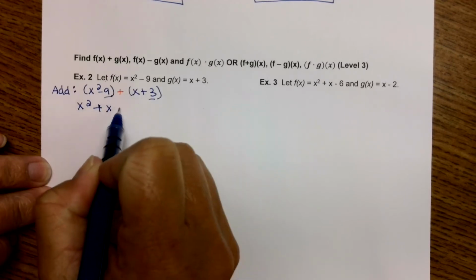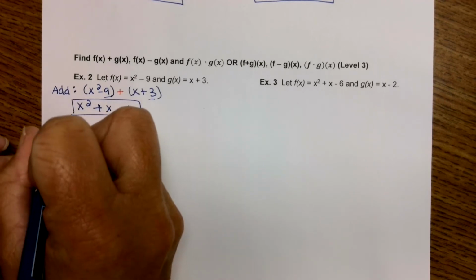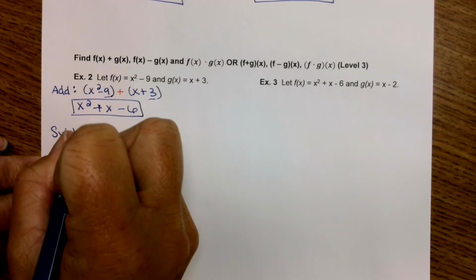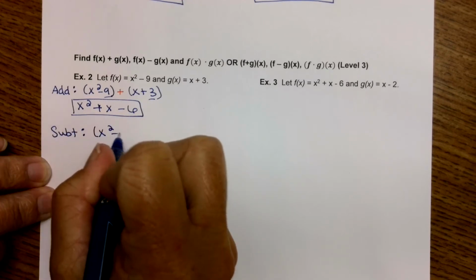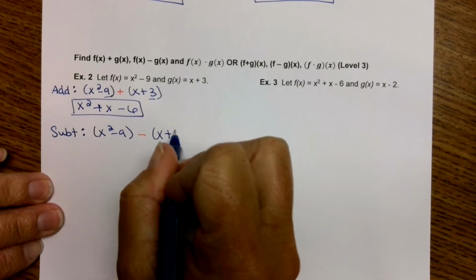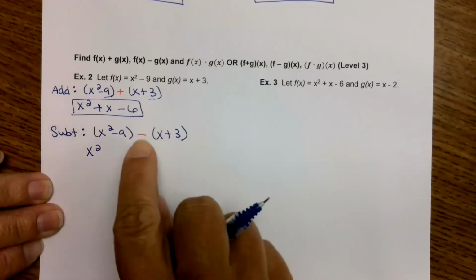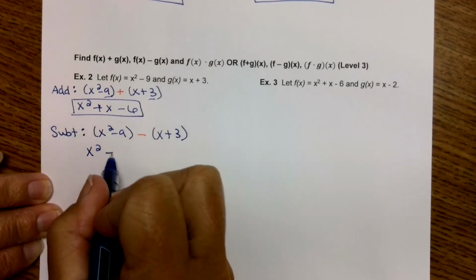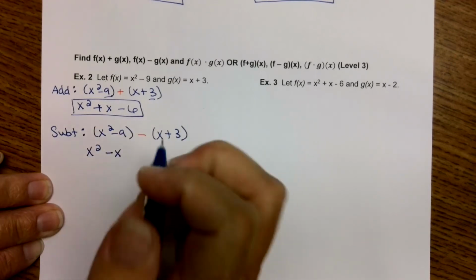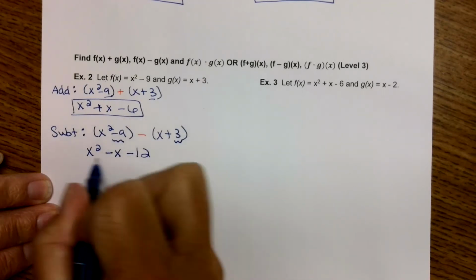And we're just going to combine these constants to get a negative 6. Subtracting: x squared minus 9 minus x plus 3. Only one x squared term. This is minus x. Negative 9 minus 3 is a negative 12.